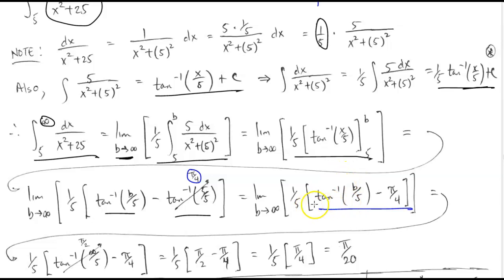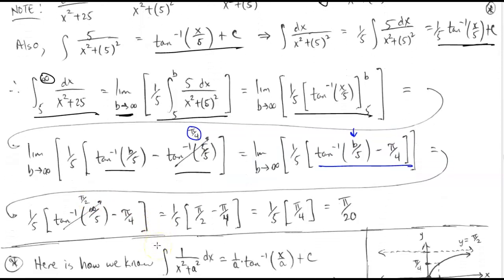Once we write it this way, the only thing left to do is to evaluate this expression using our limit operator. Here we put infinity in place of b, and we note that for arctan, or tangent inverse, as the x values go to infinity, the y values approach pi over 2, because of how the graph of arctan looks.